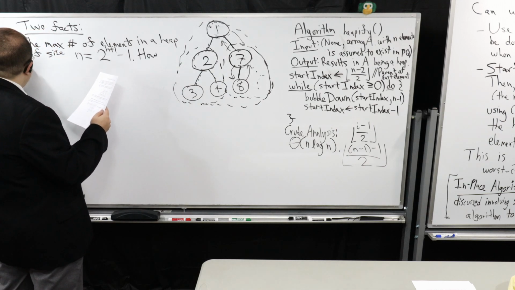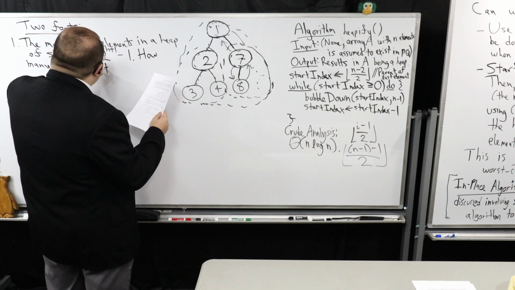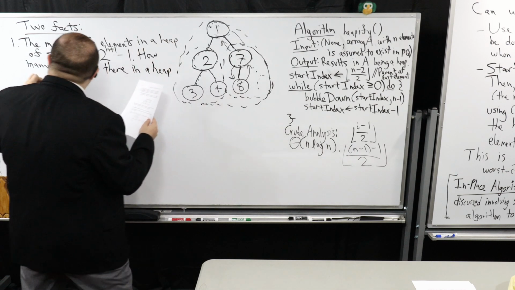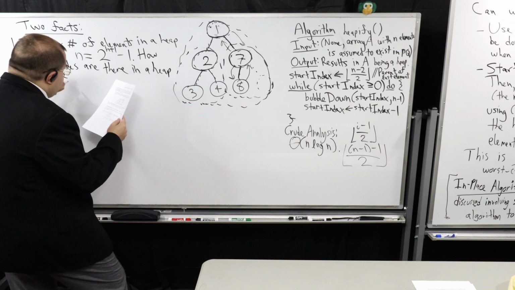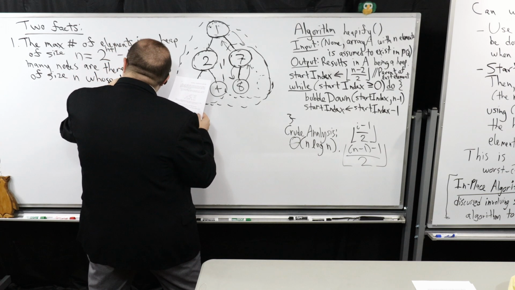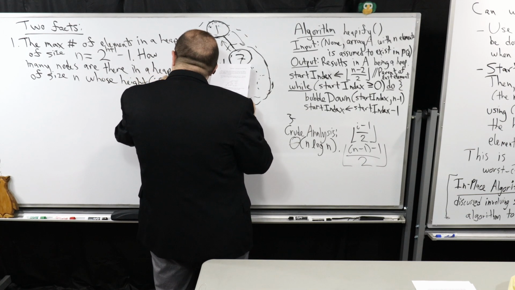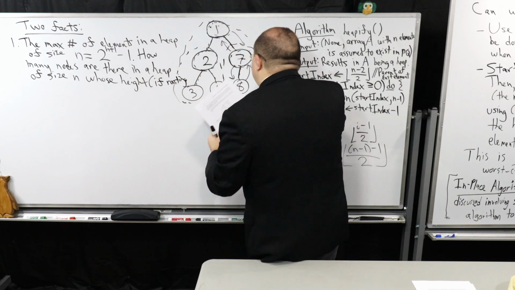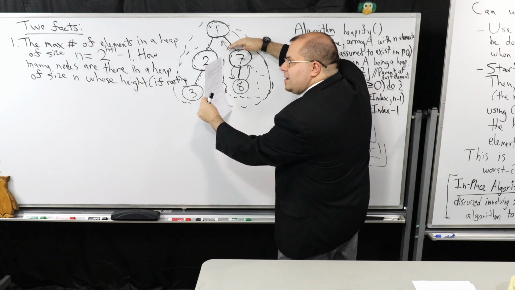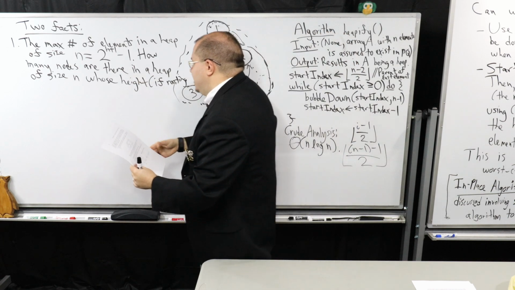How many nodes are there in a heap of size n whose height, now when I say that, I mean if rooting, so imagine in my process where I drew this picture and I told you that once I incorporated 7 into this, I treated that as its own heap, right? So that's what I'm referring to as the height. I'm rooting it at that node when I'm talking about it in this context.